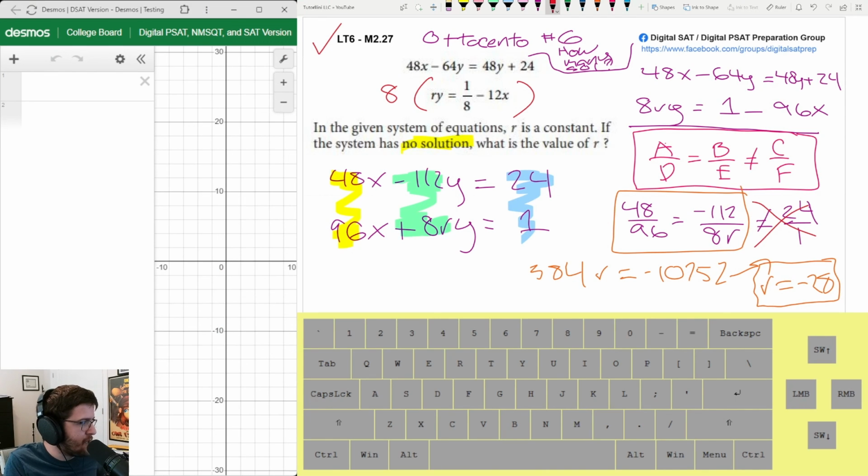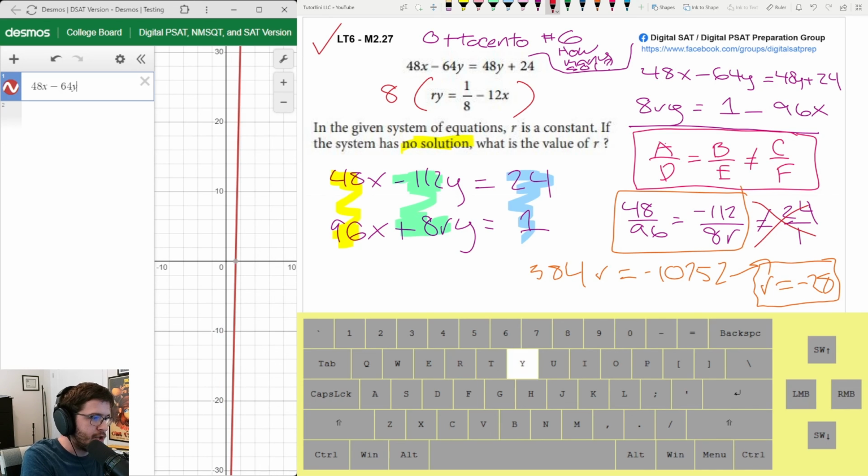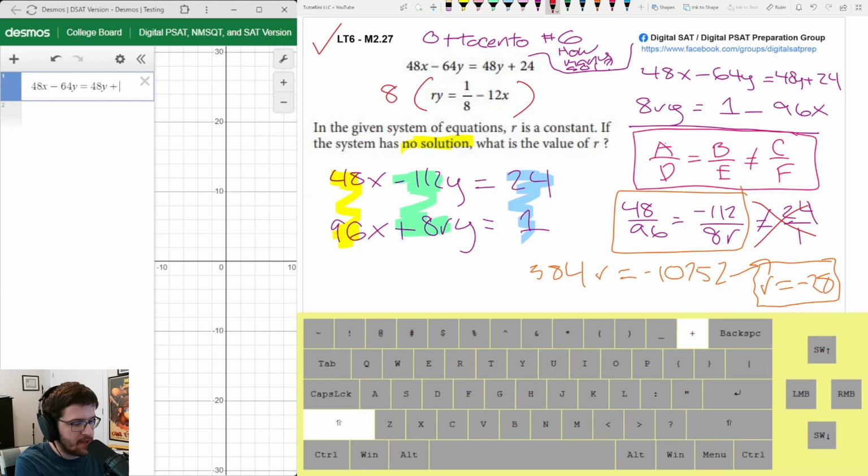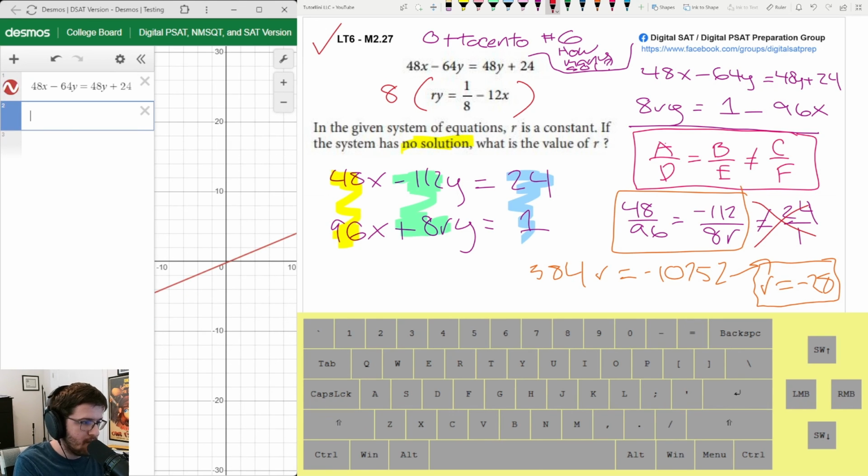Okay, so before I move on, what I like to do is type in the original equation and make sure I did it right. So let's do that. Ry equals 1/8 minus 12x.